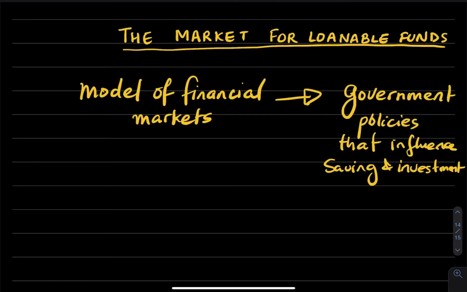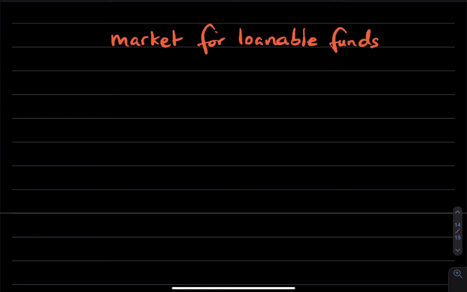So to keep things really simple, economists tend to make certain assumptions. When we're talking about the market for loanable funds, we are going to make 4 simplifying assumptions.